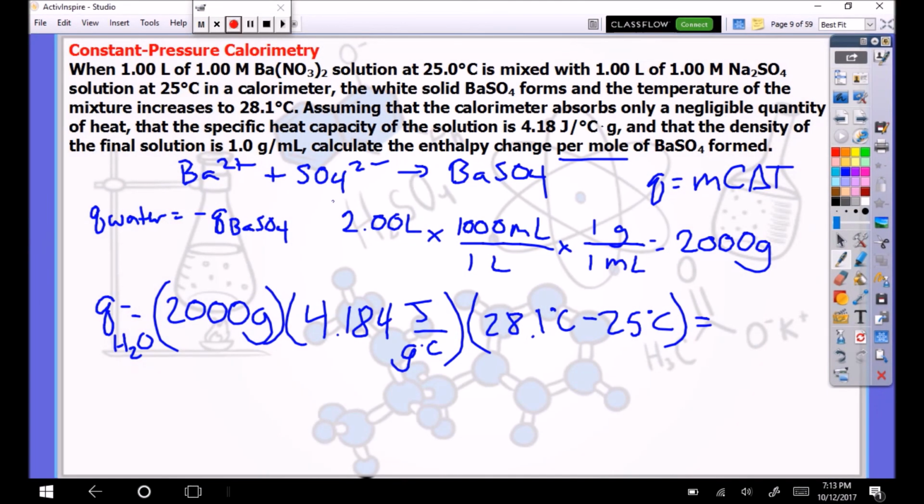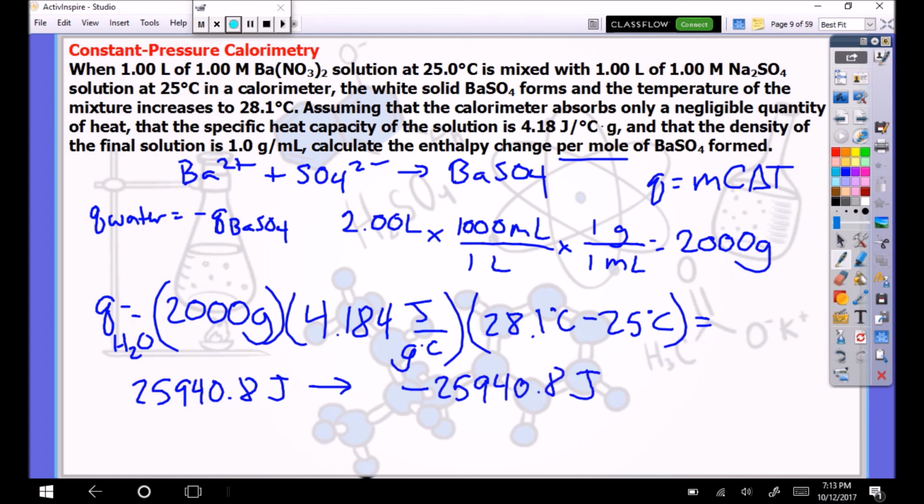All right. So this is equal to 25940.8 joules. But remember, this is the amount of joules for the water. So for barium sulfate, we need to put that negative sign there. So negative 25940.8 joules.